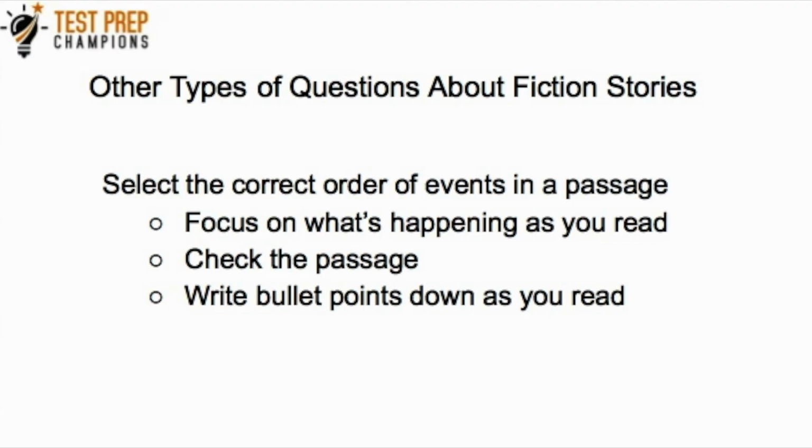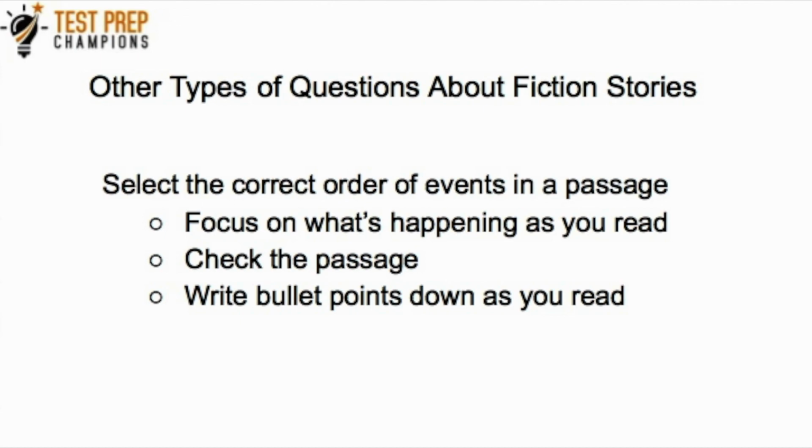So one type of question that you're bound to get is to select the correct order of events in a passage. The seek and destroy method that I talked about earlier in the video for reading, where you read the question and then skim through the passage to find the answers, these correct order of events questions are put in there, I think, in part to stop people from doing that.